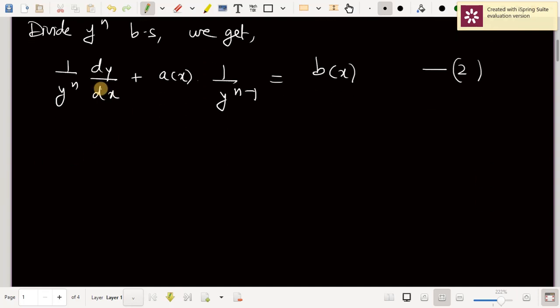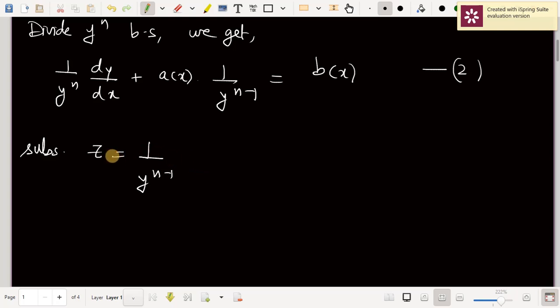Now the substitution here is going to be this. When I substitute z, the new dependent variable, as 1 by y raised to n minus 1, this is actually the same as y raised to minus n plus 1.